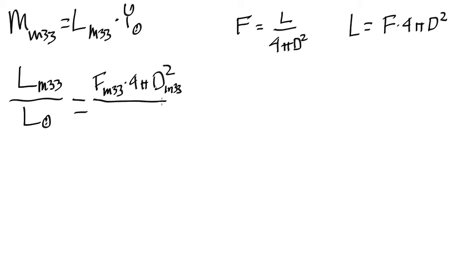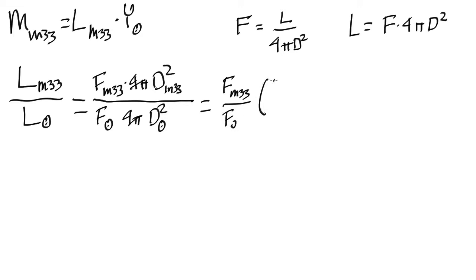And then we do the same thing for the sun. So we have the observed flux of the sun, 4 pi d, the distance to the sun, squared. And you note we can cross out those 4 pi's and simplify this just to being the ratio of the fluxes of M33 to the sun and the ratio of the distances of M33 to the sun squared.